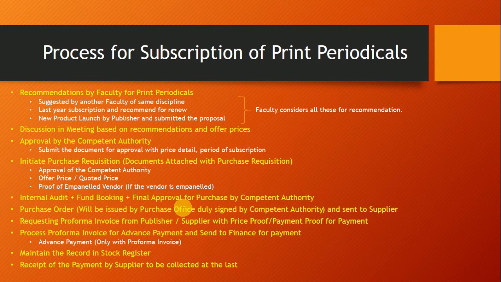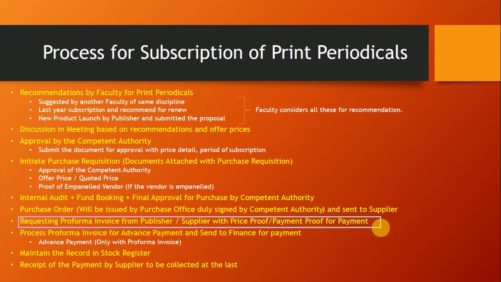Then it goes to the purchase office where the purchase order is generated and sent to the supplier, requesting the pro forma invoice from the publisher or supplier with price proof or payment proof so that the payment can be made.